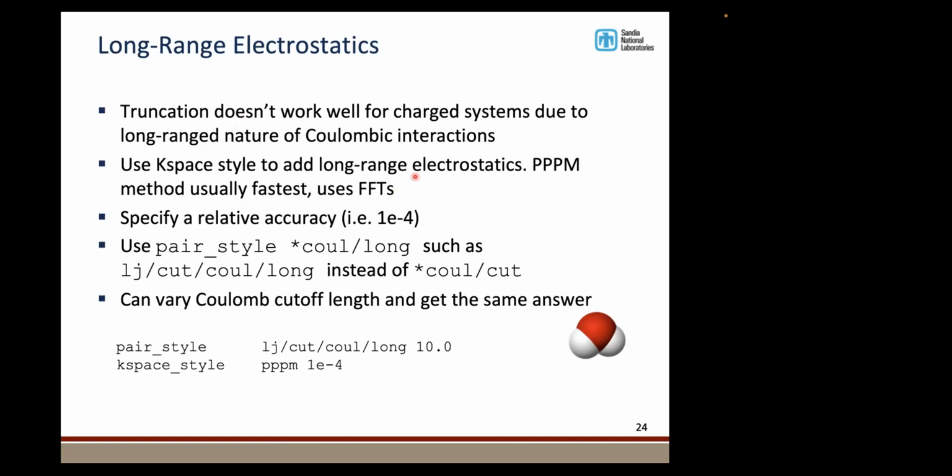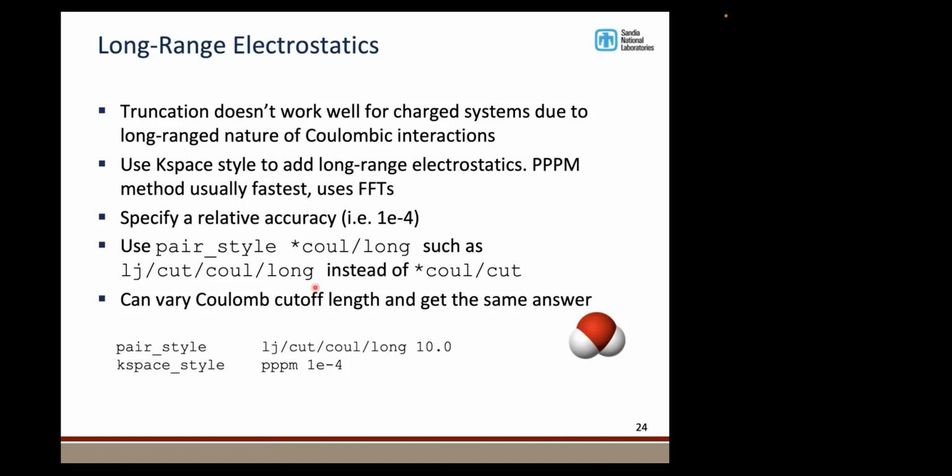And so the way we get around this is to use a Fourier space method, or K-space, to include the long-range part. So we have a particle mesh method, which is based on the Ewald sum. The P3M is usually fastest. It uses fast Fourier transforms to do the reciprocal space calculations.